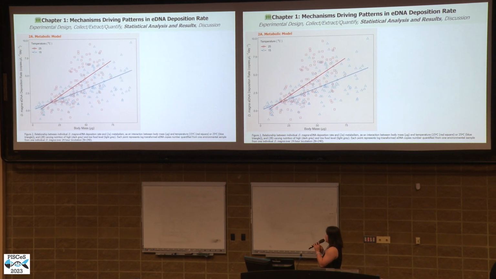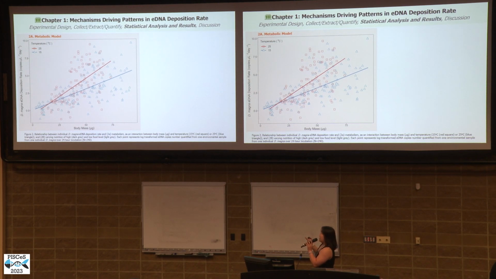Well, first, here I have a figure to show you our metabolic model. We have the log abundance of all of our eDNA copies on the y-axis. On the x-axis, we have body mass, and we can see that, consistent with our metabolic predictions, larger individuals produce much more eDNA, as you can see by the positive slope.